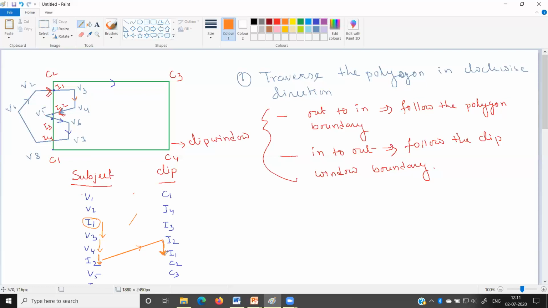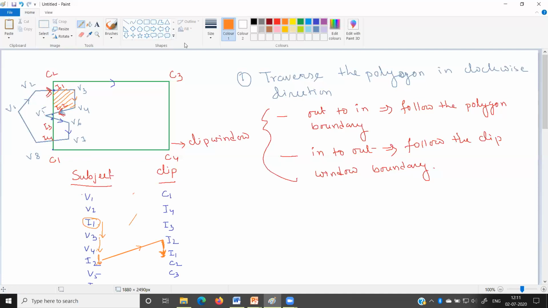From I2, as I am traversing, I get the previous intersection point I1, so I will stop over here. That means the first clipped portion is I1, V3, V4, I2, I1. So this is my first clipped polygon.